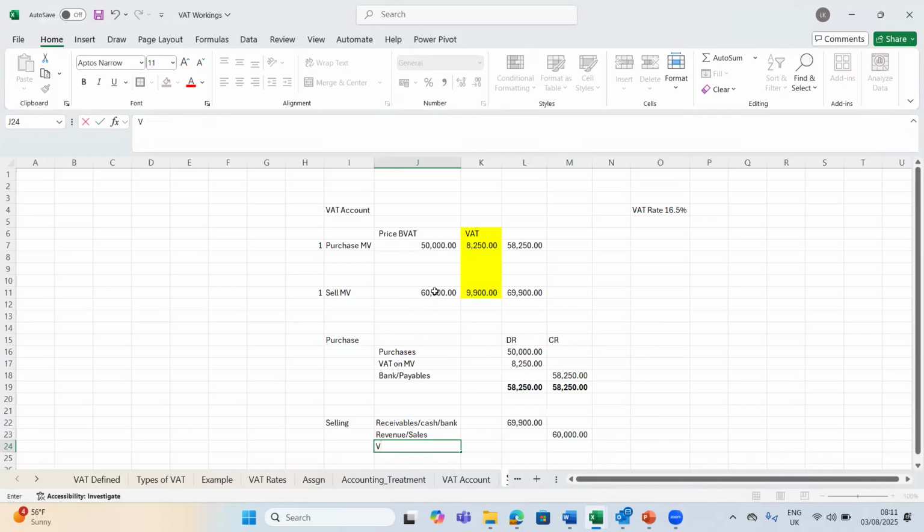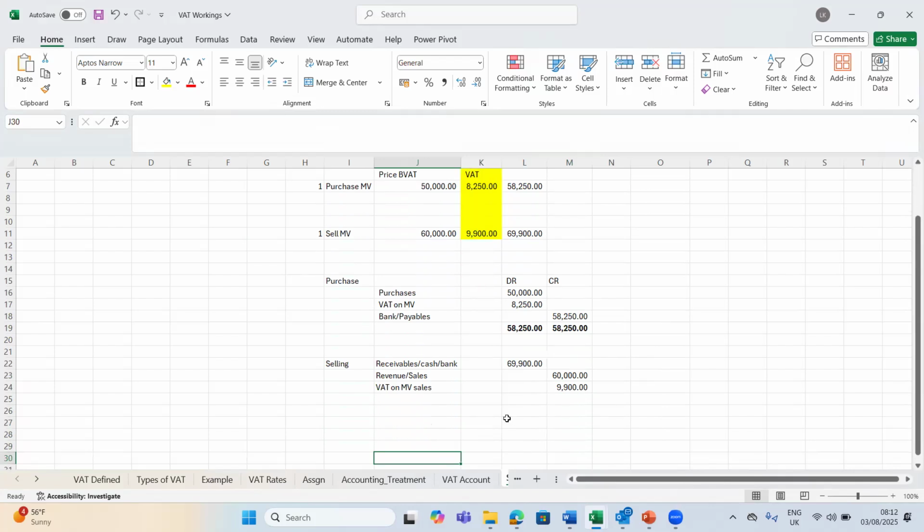To VAT. VAT on motor vehicle sales. By how much? By this amount.